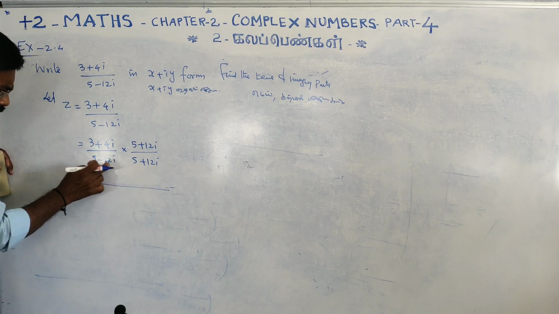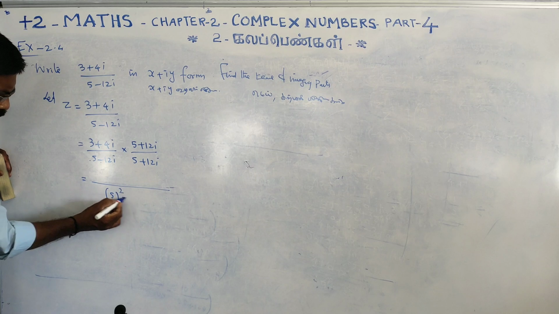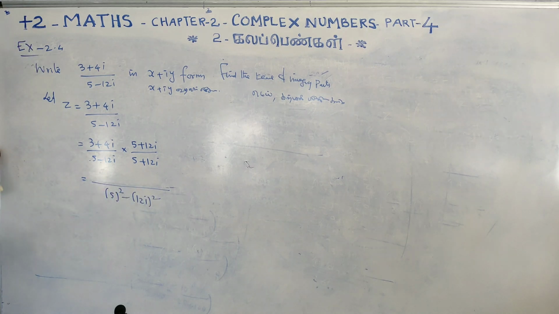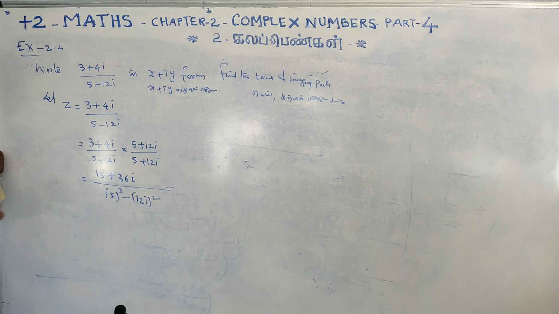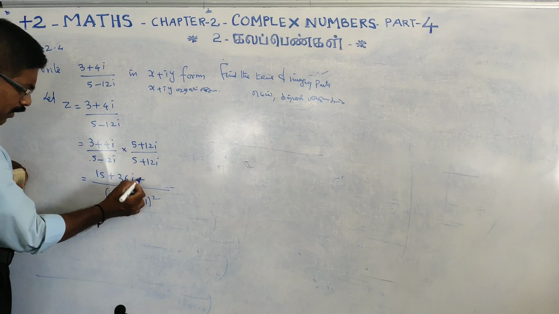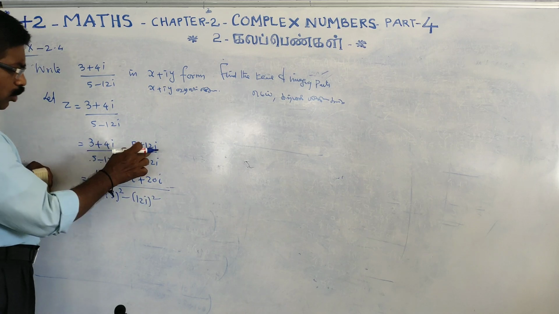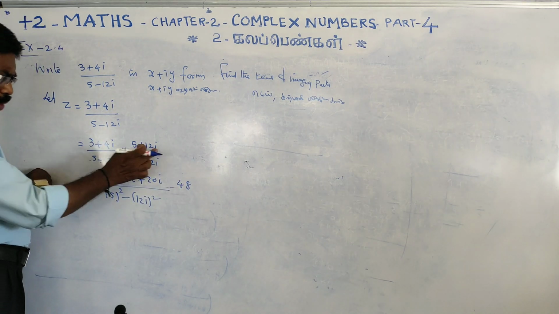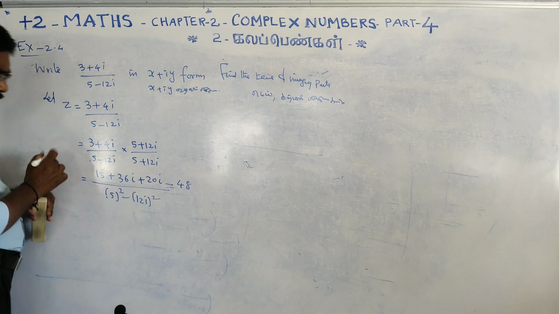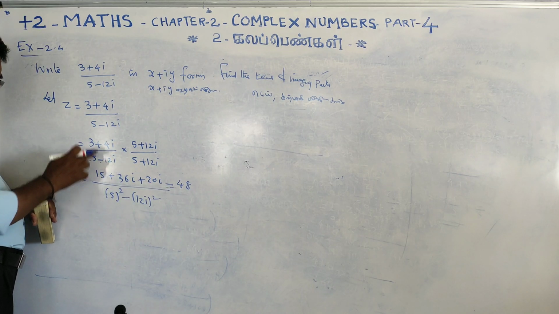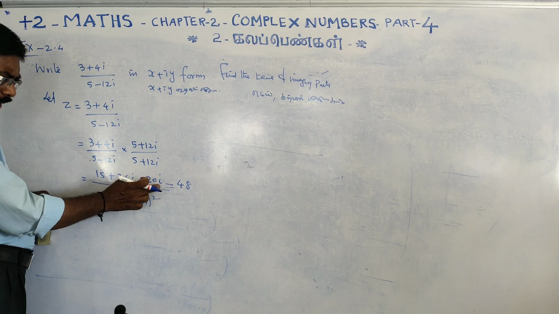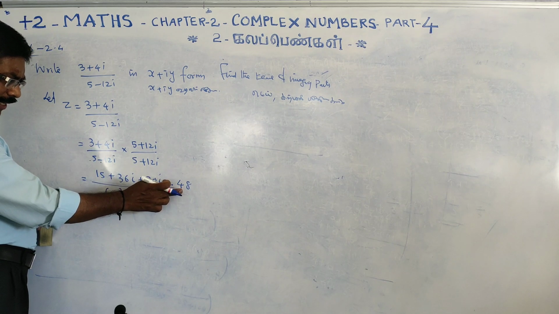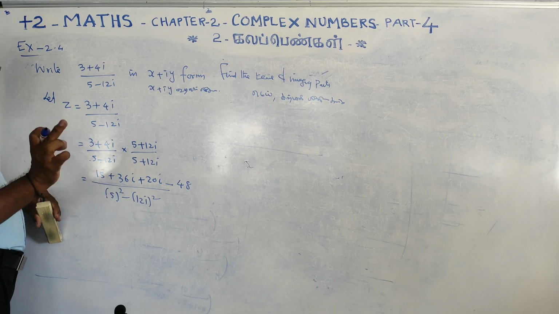In the denominator, a minus b into a plus b is a square minus b square. 3 into 5 is 15, 3 into 12 is 36i, 4 into 5 is 20i, 4 into 12 is 48, i into i, i square, means minus 1.